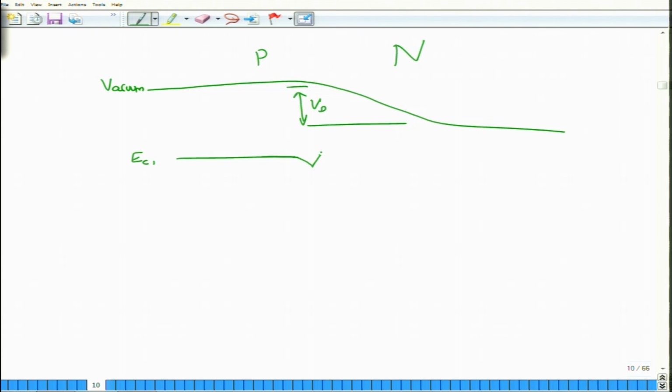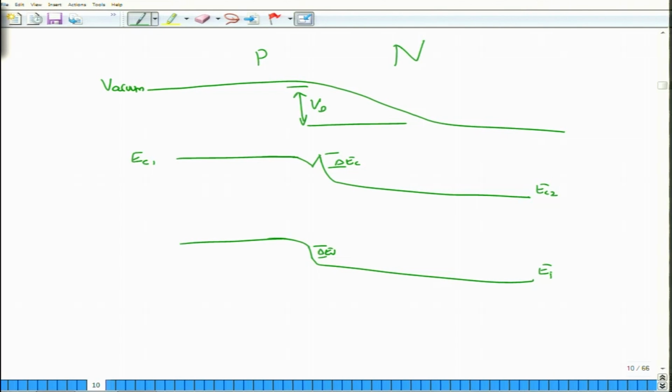So, it goes back up here and then goes down and then becomes EC2 on the other side of the region, whereas delta EV would go down, have a sharp transition delta EV here, and this of course is your delta EC, the spike, and then again falls down to become EV2. This of course is EV1.